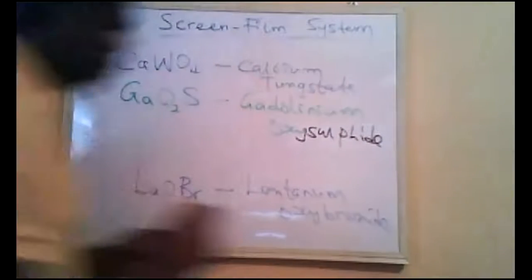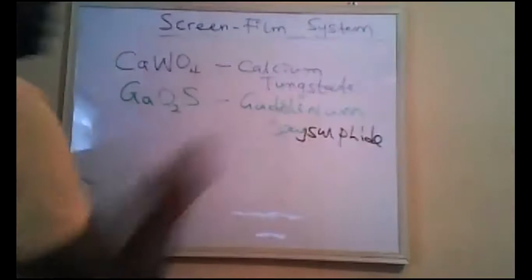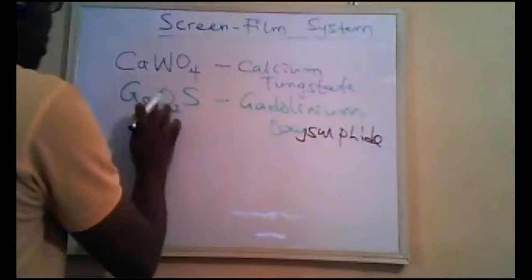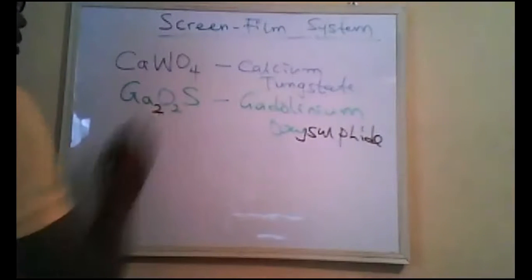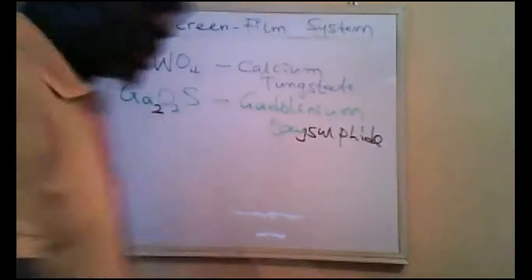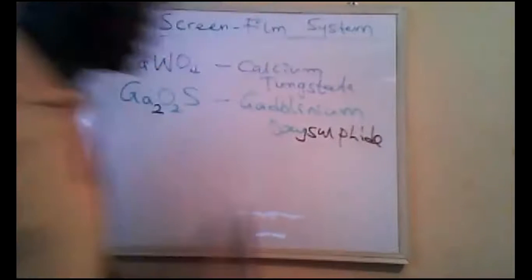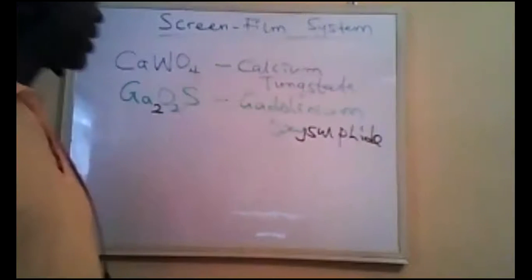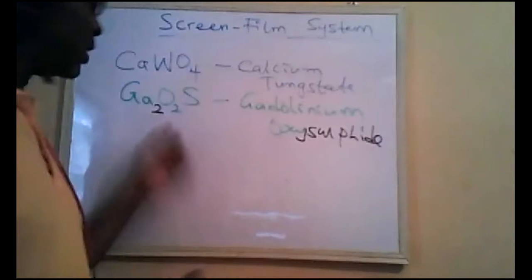So these are the two major ones we'll be considering, looking at them side by side. Gadolinium oxysulfide. This is what I did in chemistry. At times they might need us to mention the name and the chemical formula, but it's really not necessary.